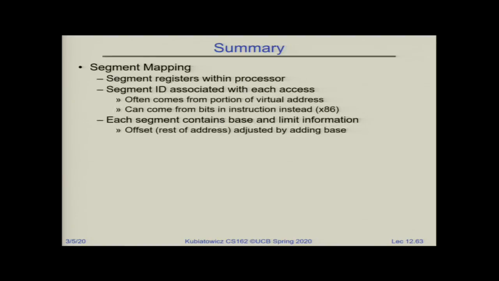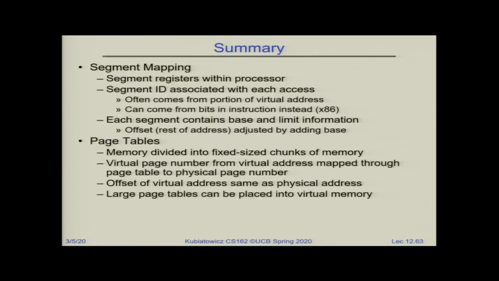But in conclusion, we talked a lot about segment mapping, so segment registers within the processor. Segment ID is associated with each access and often comes either from a portion of the virtual address or from the bits in the instruction. And every segment has a base and a limit of information. We're going to talk about next time page tables, where we start talking about general translation, where we can have fixed size pages, which are going to be 4K chunks typically.